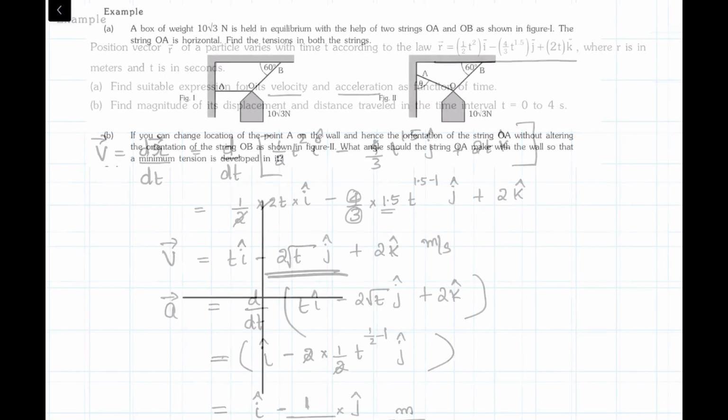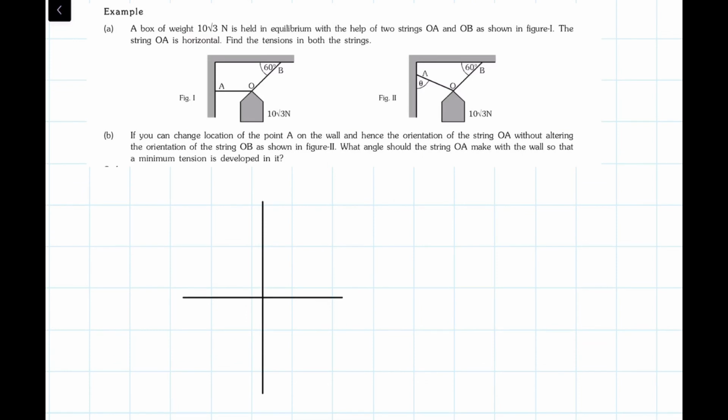Hope you got this. This question is related to laws of motion, where you can see a block tied up with 2 ropes, and we have to calculate tensions, the angle, everything.